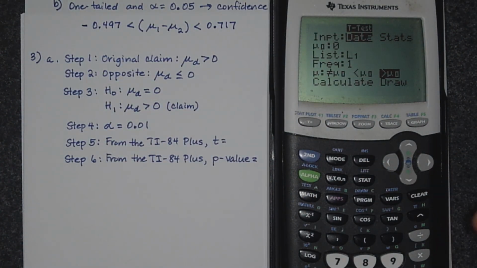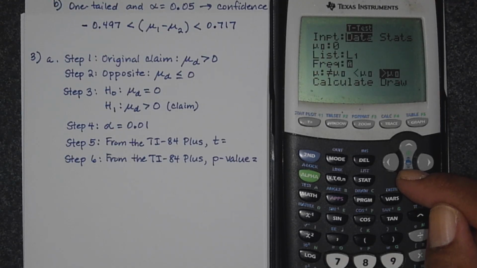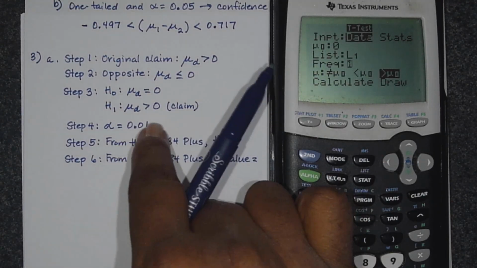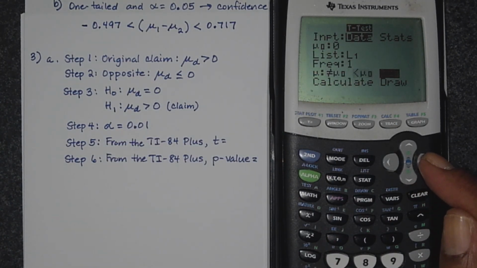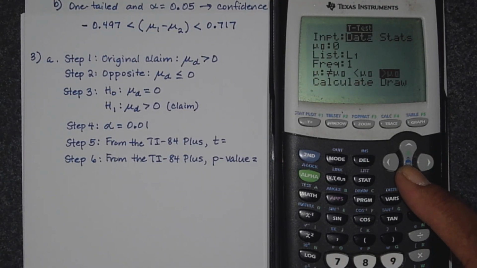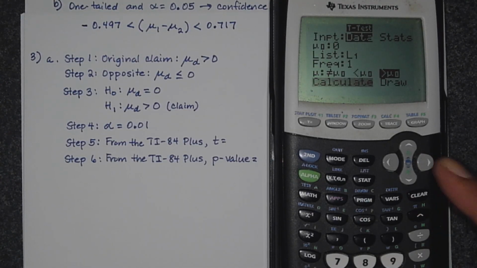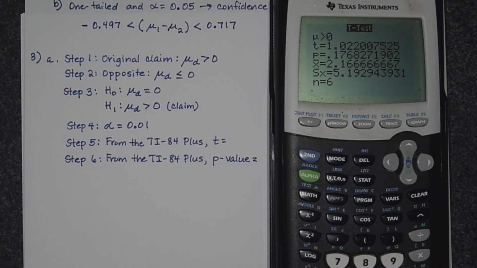Your list should be L1 automatically. Frequency, that's still going to be 1, so we won't have to worry about that. But for our alternative hypothesis, is it less than, greater than, or not equal to? Greater than. So we want to make sure that greater than mu sub 0 is highlighted. And then go down to calculate, press enter.